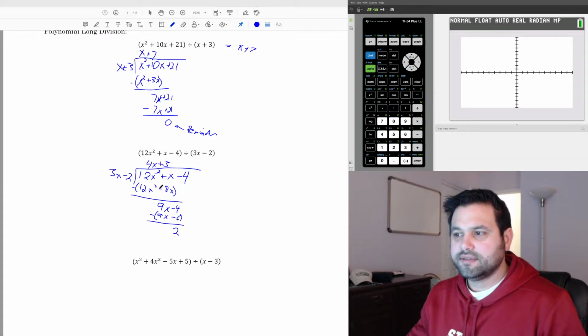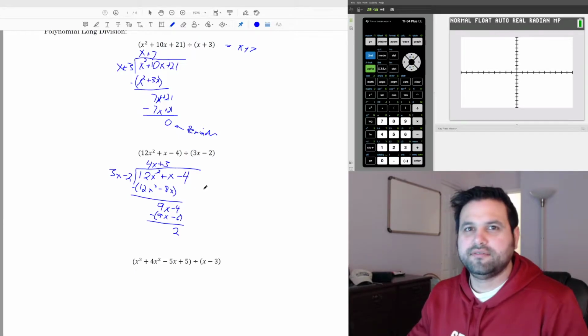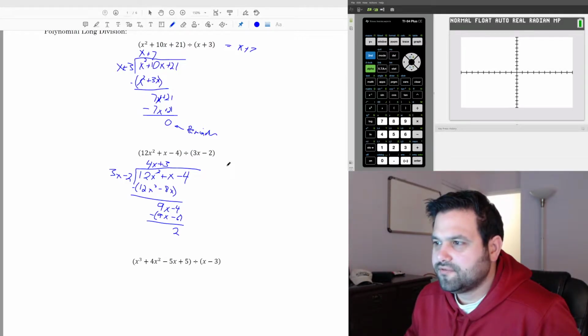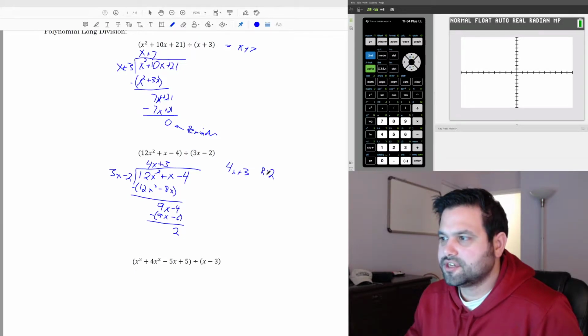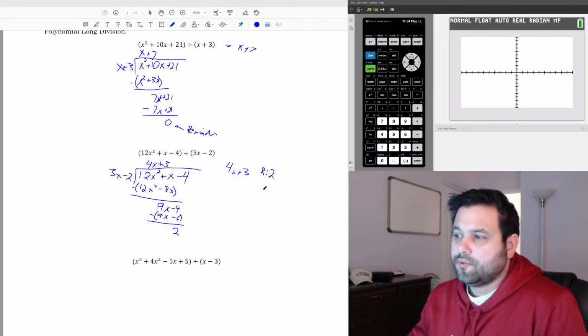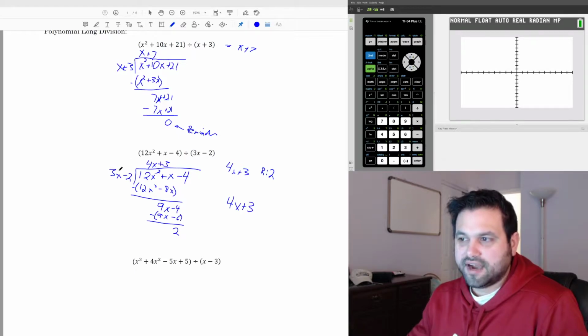So a couple different ways we can write this answer. The sort of shortcut method of writing the answer, it's not really an official way of writing it, would be to write like 4x plus 3 with a remainder of 2, right? And you just kind of like do remainder 2. Or the actual way of writing this would be to show that the answer would be 4x plus 3, and then there's still this 2 left when we divided by 3x minus 2.